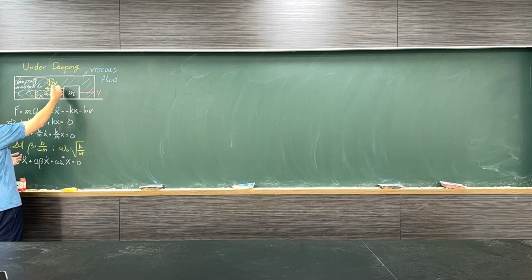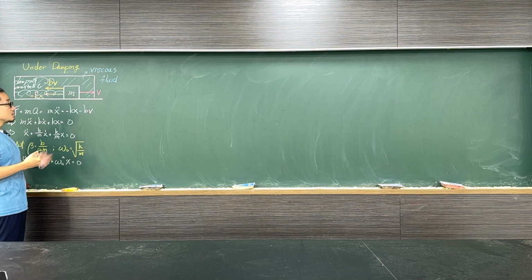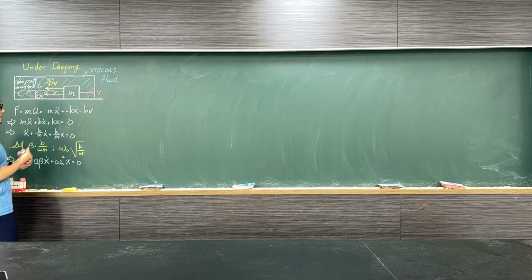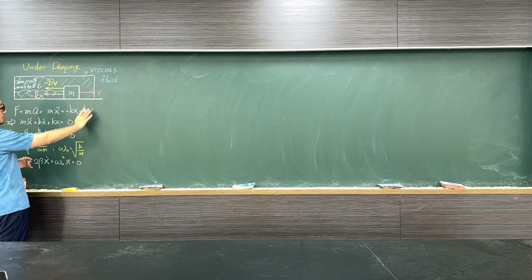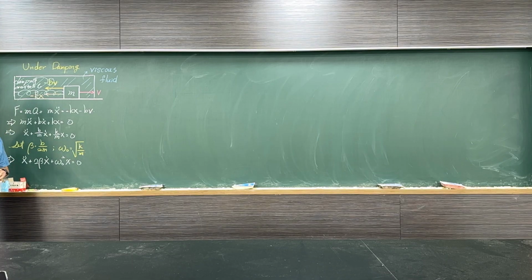The resistant force and the spring force are always pointing in the opposite direction to your velocity, and that's why you will see the minus symbol right in front of them. So just move all these terms on the right hand side to the left, and you will get a differential equation. The biggest problem for high school students is we don't know how to solve this differential equation, right?